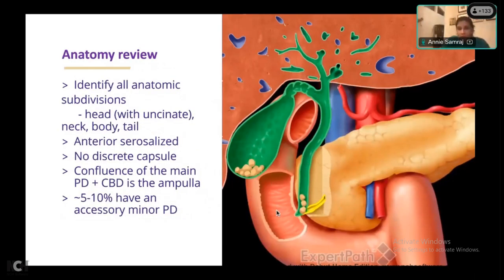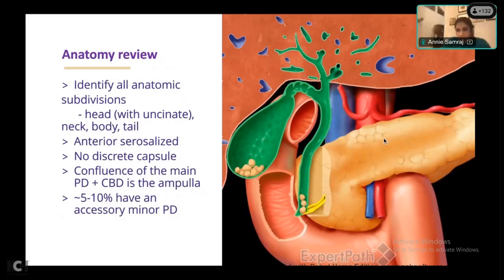The pancreas is a lobular gland located retroperitoneally. When we look at the anatomy, we have the head of the pancreas, which is the majority of the gland, and it is present to the left of the superior mesenteric vein and artery.